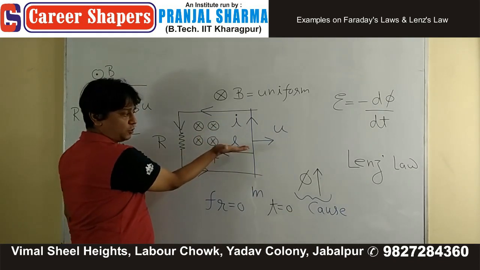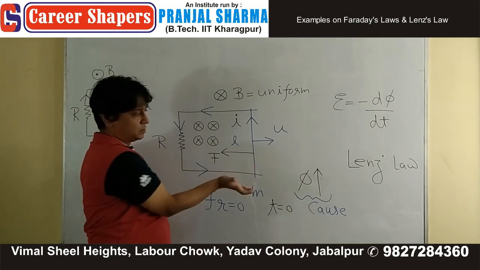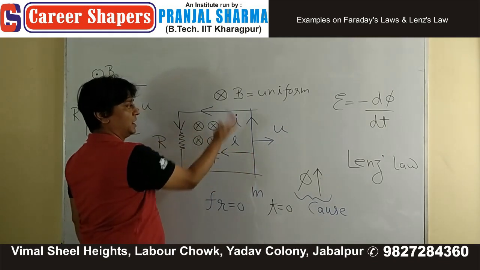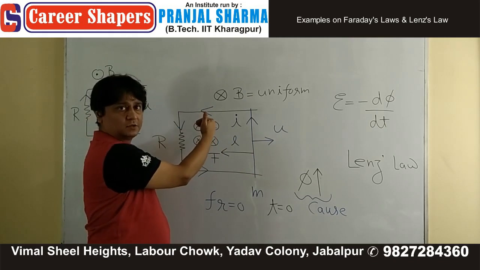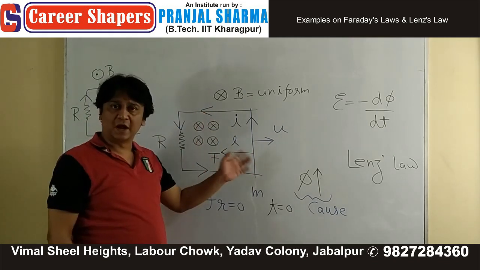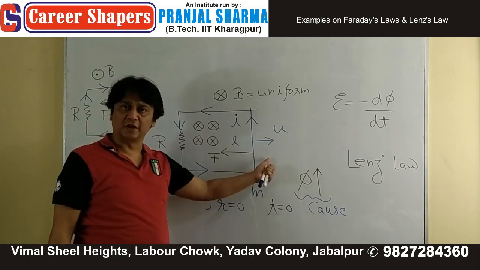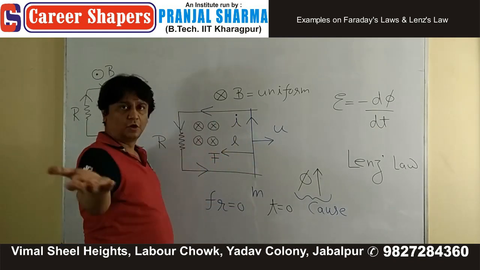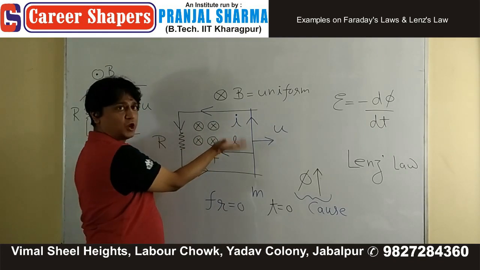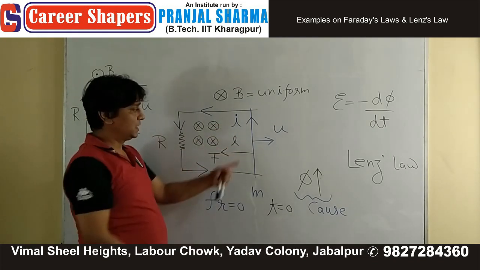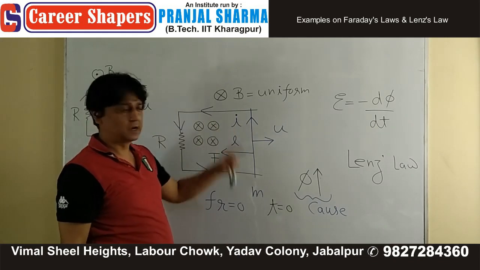So if you want a magnetic field which is out, your current should be anti-clockwise. So without using FBI, by just looking at the area, since it's increasing, you need to oppose this, hold your right hand, and you immediately get direction of induced EMF or induced current.